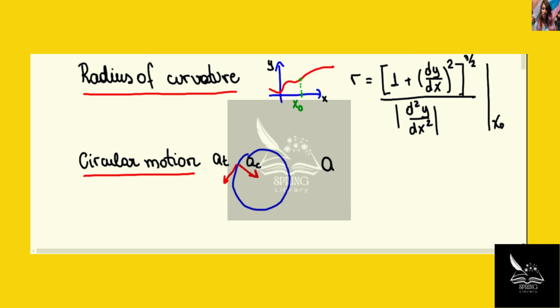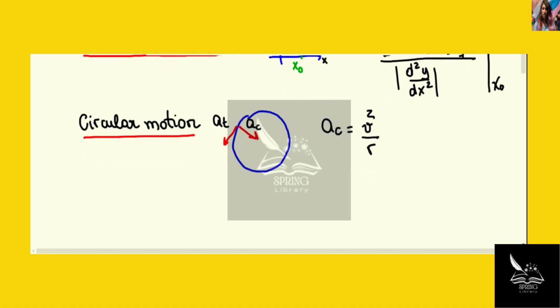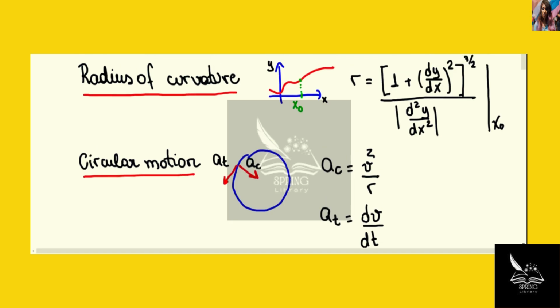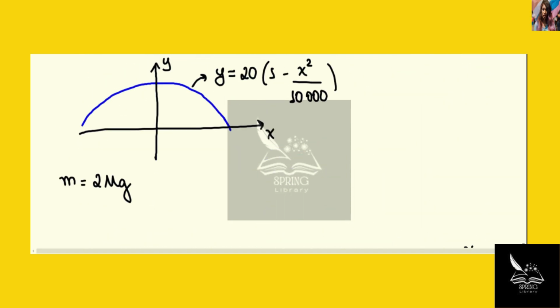Now, this centripetal acceleration is equal to v squared over r. R is the radius of the circle, and v is the speed. It accounts for the change in direction of the velocity, while the tangential acceleration accounts for the change in speed and is equal to the derivative of v with respect to t. So now we can dive into the exercise.